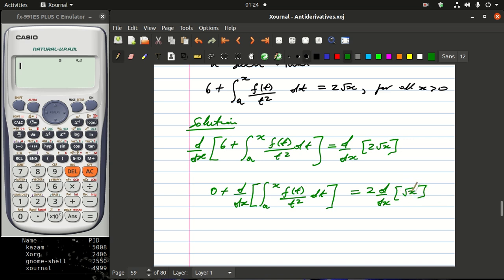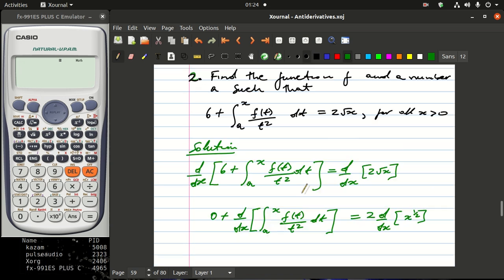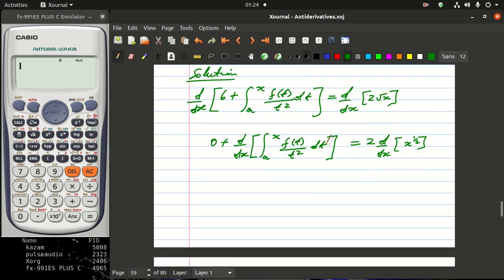Of course, the square root of x is the same as just x raised to 1 over 2. The next thing here is we use the fundamental theorem of calculus, because I have a dx and I have an x there. So take this x and replace the t. That's what the fundamental theorem of calculus is saying. The derivative of this is we are going to end up having f of, in the value of t, I'm going to plug in x because x is isolated. So I'll have an x there divided by x squared.